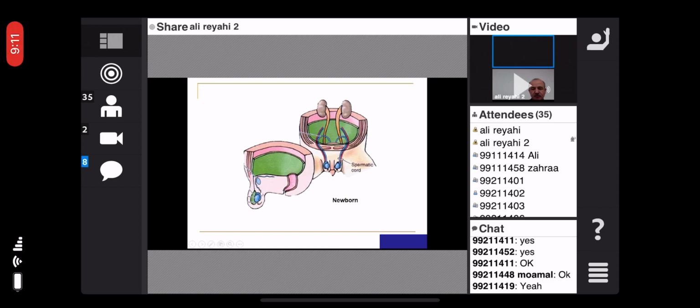Okay, and this duct is the ductus deferens that connects the testis to the seminal vesicle and prostate gland. So when the testis passes through the inguinal canal, this duct connects the testis to the pelvic space, to the seminal vesicle and prostate gland.